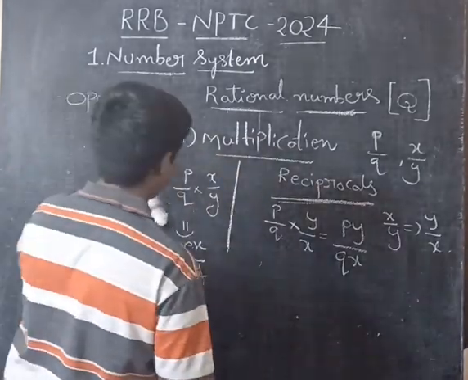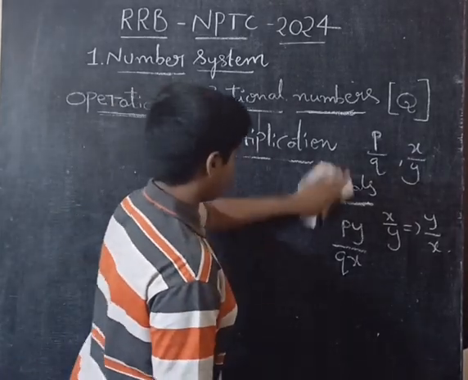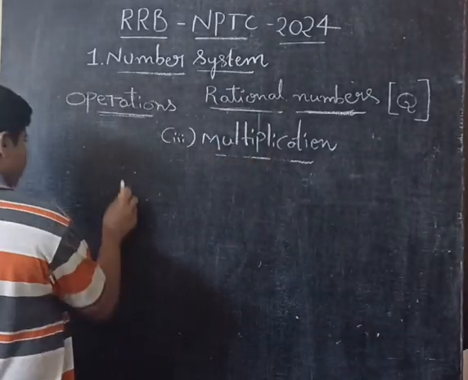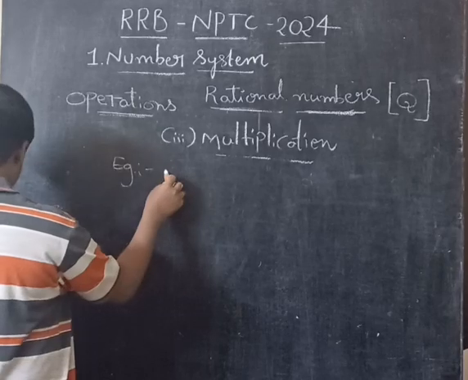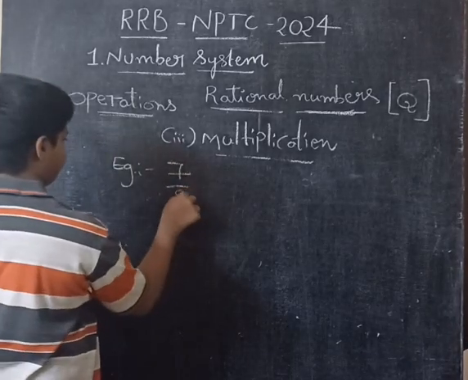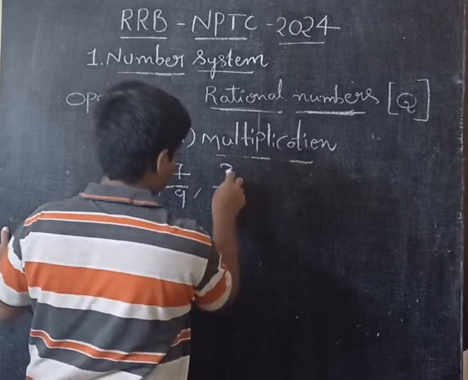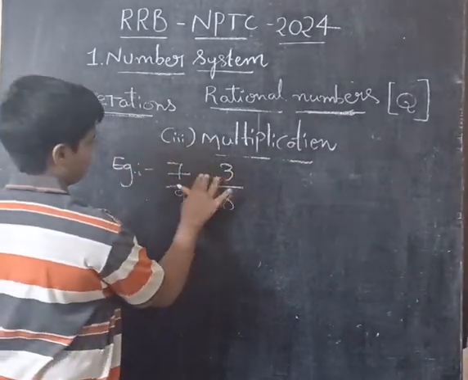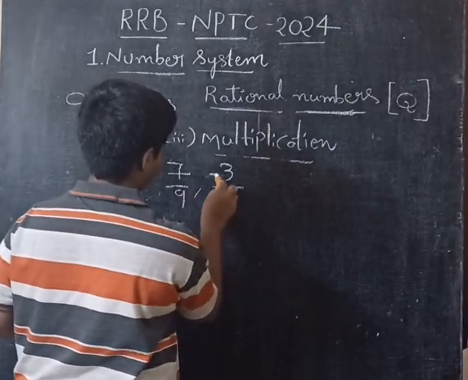If you see one example, 7 by 9 and 3 by 8. These are two rational numbers, and I am taking one of them as minus.